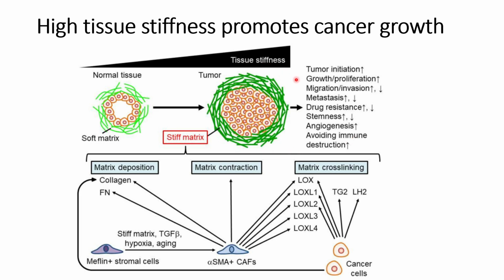And with the increase in tissue stiffness, remodeling occurs within the cancer cells in a way that the cancer cells become more mesenchymal in nature compared to normal tissues.